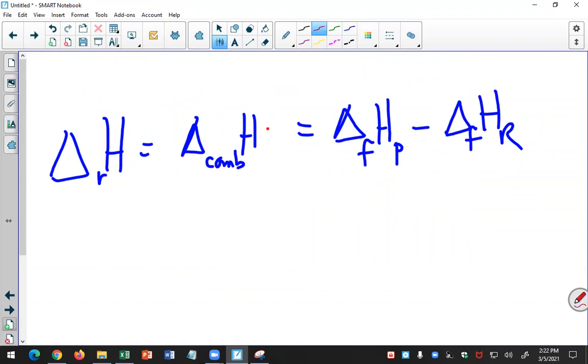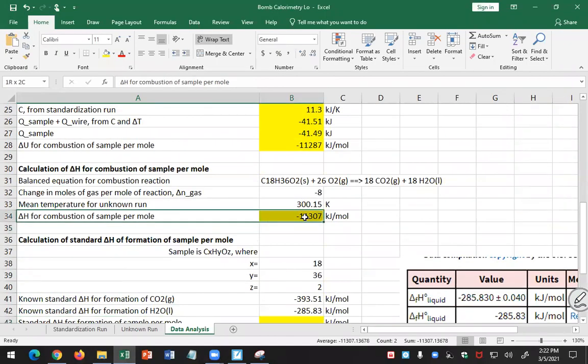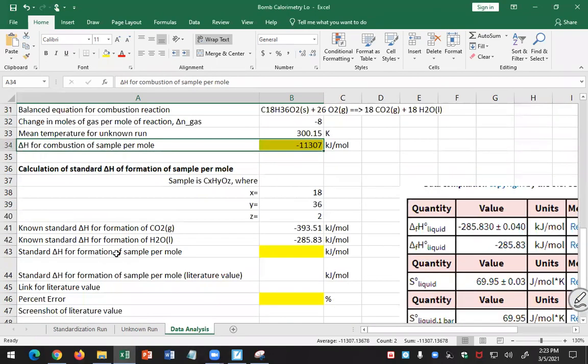So I know this from experiment, right? That's what we just calculated, delta H combustion per mole of my stearic acid. So if I know the delta H combustion of stearic acid, can I figure out the delta H formation?